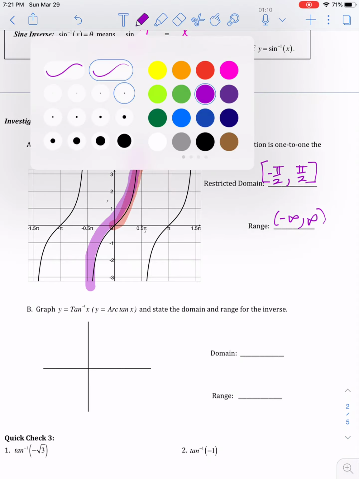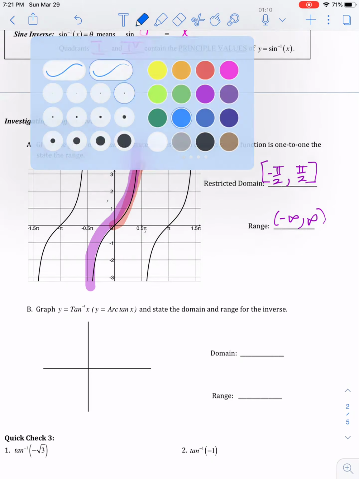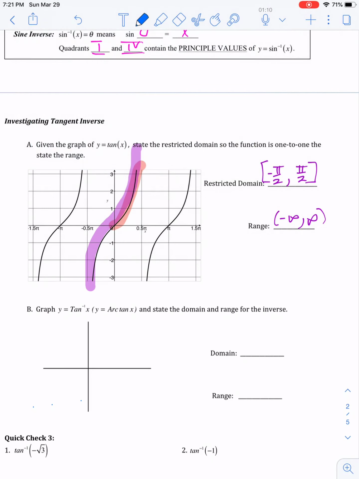So now all the inputs are going to be the ratios and all the outputs are going to be the angles. So just like any family of functions that we've ever dealt with, when we talk inverses, that means the domain and the range switch, the x's and the y's switch.